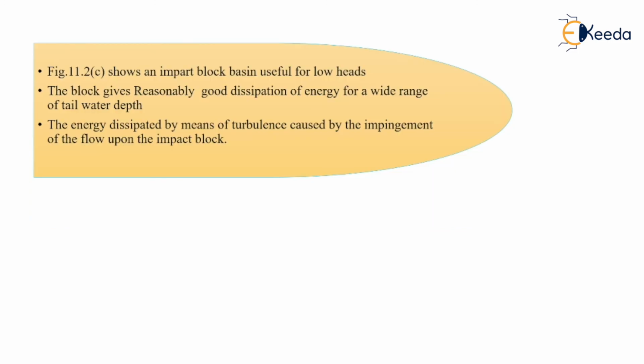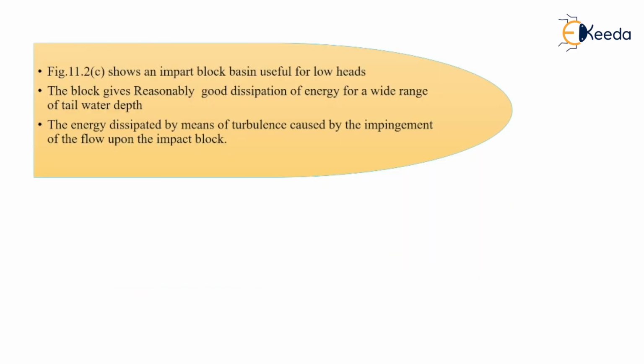Then you can see the third diagram, in which we are providing the impact block basin, which is useful for low heads. This block gives us reasonably good dissipation of energy for a wide range of tailwater depths. The energy is dissipated by means of turbulence caused by the impingement of the flow upon the impact block.